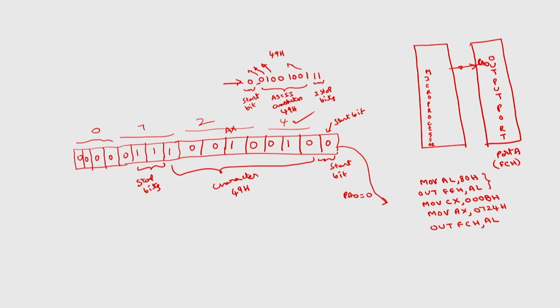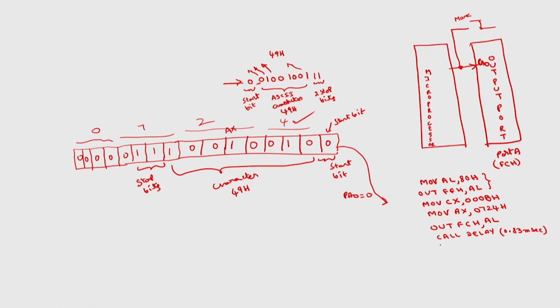If I take this PA0 waveform, initially without any transmission this will be a mark. I have started here, so this 0, this is the point. Then what you have to do is call a delay equivalent to 0.83 milliseconds in case of 1200 baud rate. So, this 0 will be there for 0.83 milliseconds.